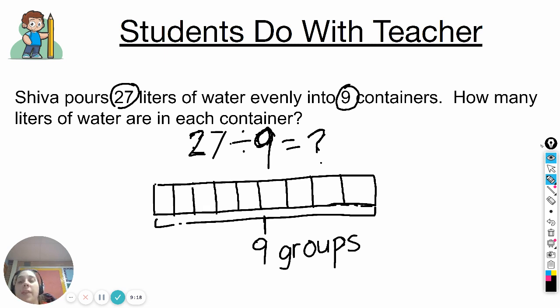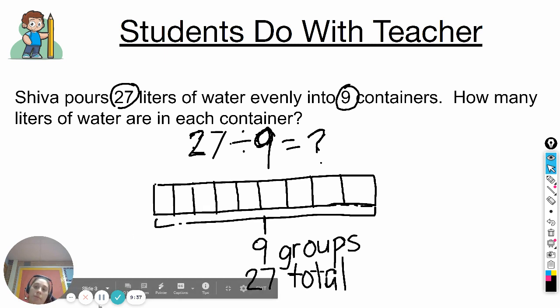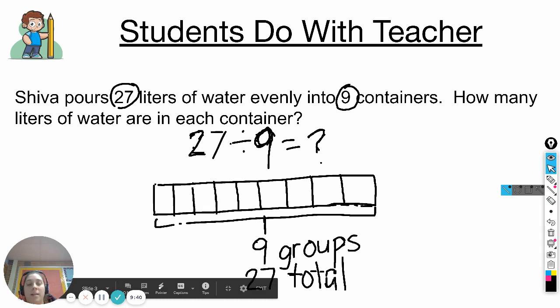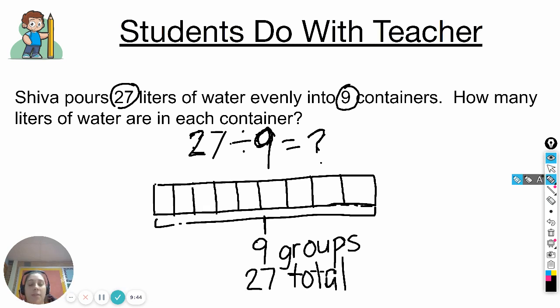Now we know that there are 27 liters of water total. So I'm going to label that down here as well. 27 total. So label your 27.